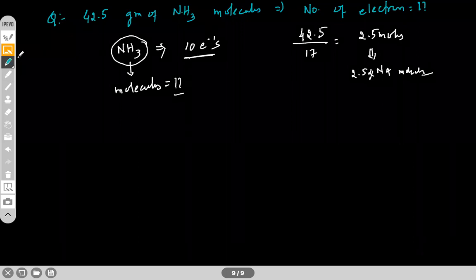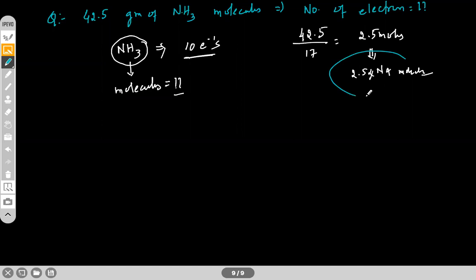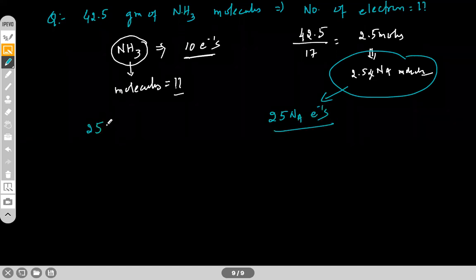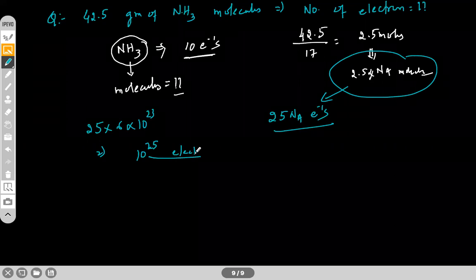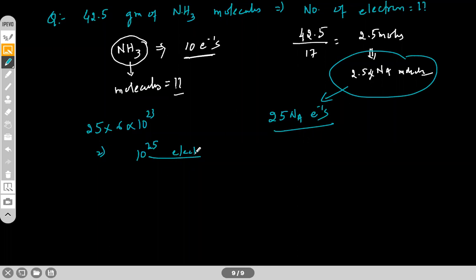So 2.5 into Na molecules will have this into 10, that is 25 into Na electrons. And when you solve this, 25 into 6 into 10 to the power 23, approximately you get 10 to the power 25 electrons. Is it clear?